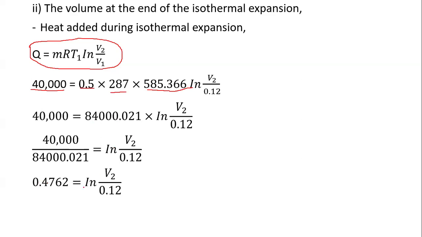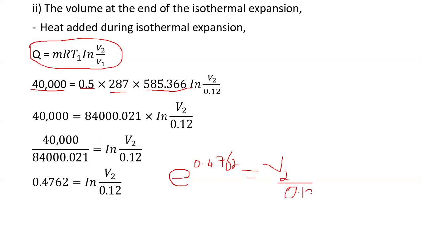When you have it like this, you can introduce natural log, meaning that this is now going to be the power. So you have something like this. You have e raised to power, the same number there, 0.4762, being equal to V2 over 0.12.